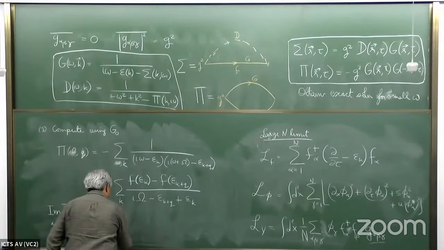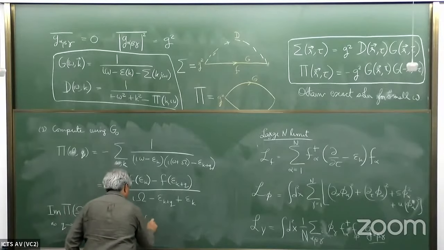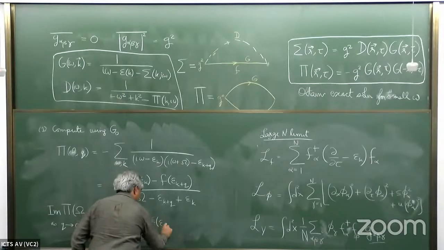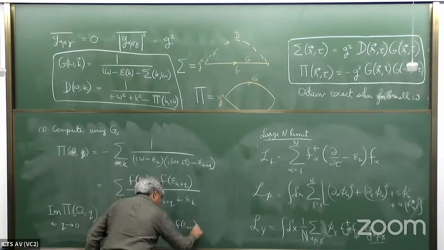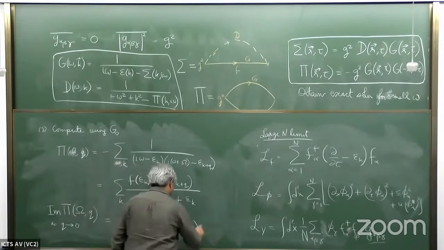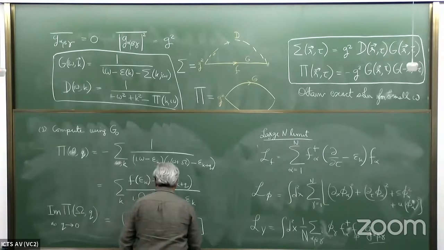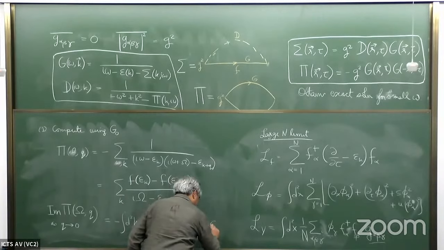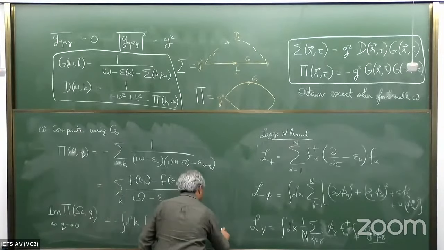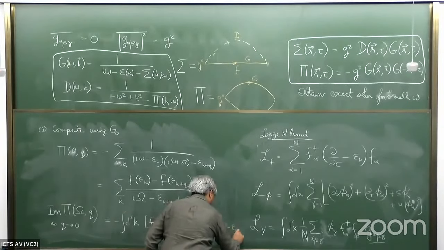And so I'll get the integral d^2k of f of epsilon_K minus f of epsilon_{K+Q}, and the imaginary part will give me, with a minus, but the sign is random, times delta of omega minus epsilon_{K+Q} plus epsilon_K.